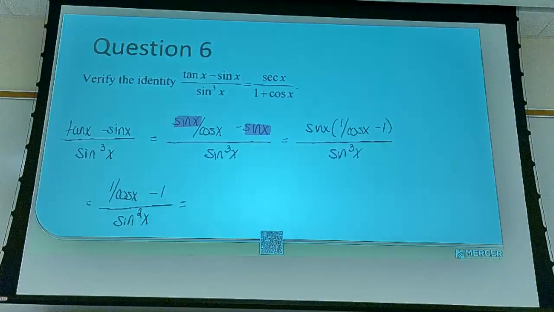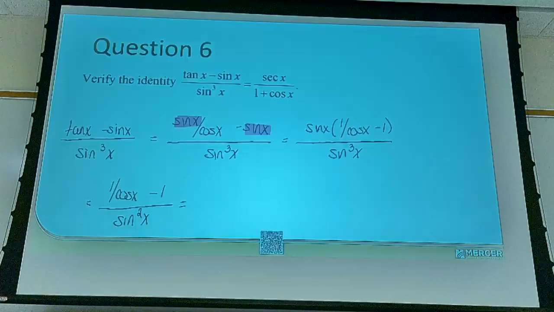What is the LCD? So what's the denominator of your first term? Cosine, right? What's the denominator of 1? 1. What's the denominator of sine squared? 1. You want the least common multiple of them. That's your LCD.